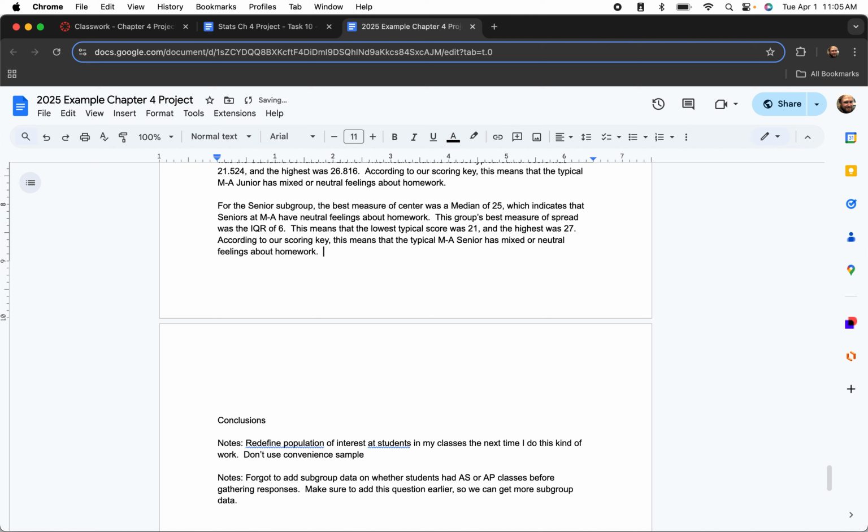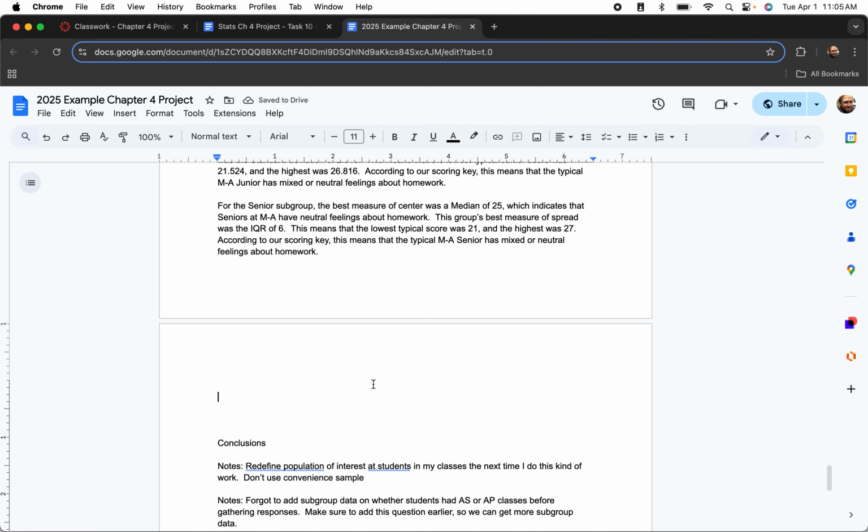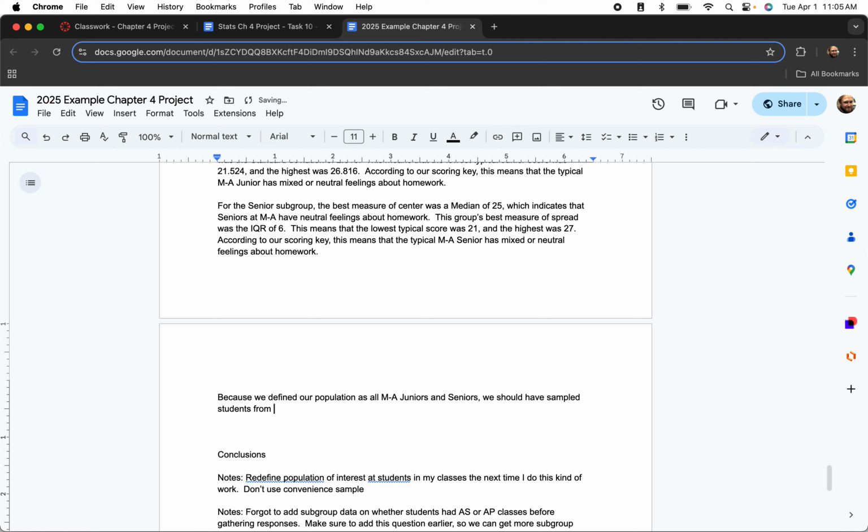So again, was there any bias? I did notice a couple of things. Because we defined our population as all MA juniors and seniors, we should have sampled students from more than one teacher.